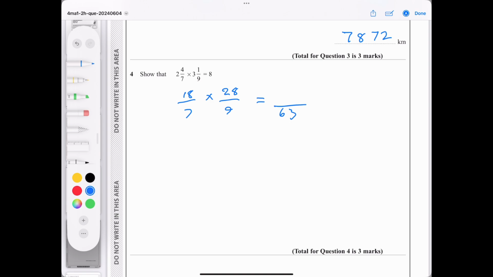And on the top would equal 18 times 28. 18 times 28 is 504. 504 divided by 63 equals 8. So that's okay.